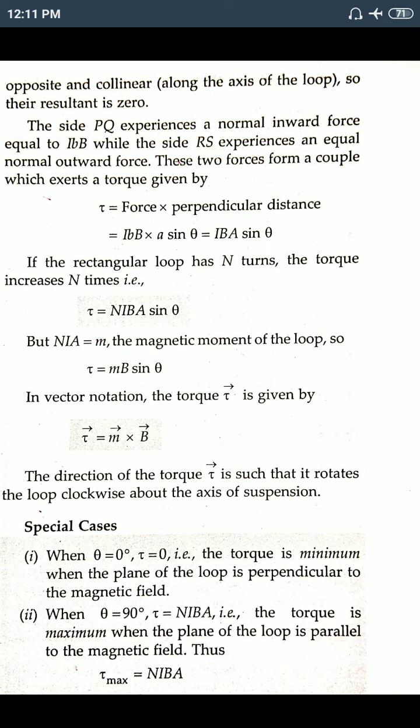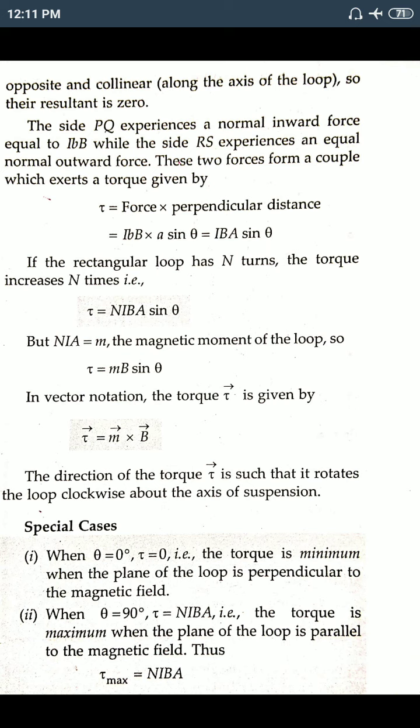So that expression we can write: tau equals m B sine theta, like the dipole moment P. In electrostatics we got one expression, that is 2 into Q into A, and in place of it we write P, so we get P E sine theta. Here, in place of n into I into A, we write small m.